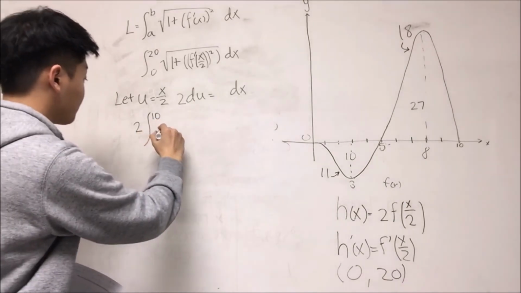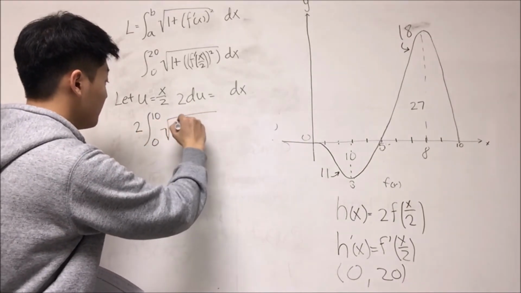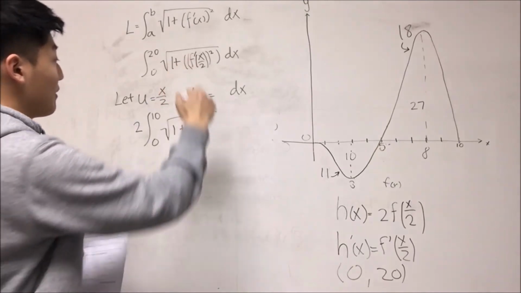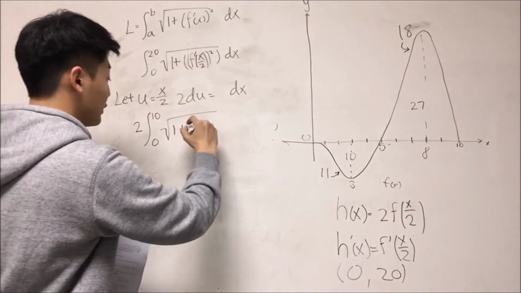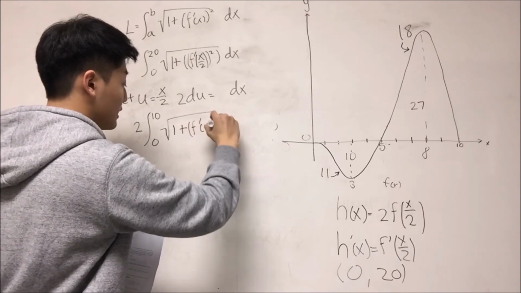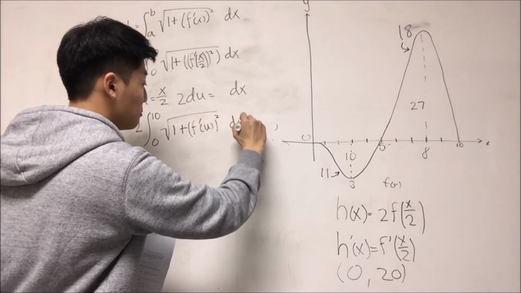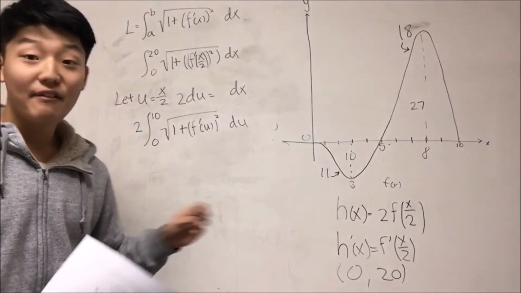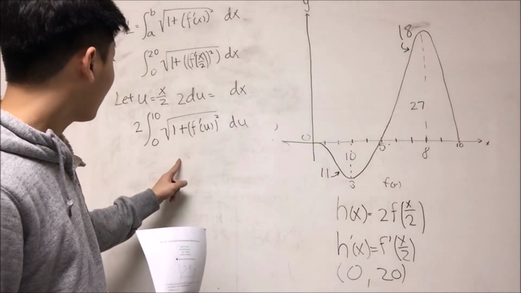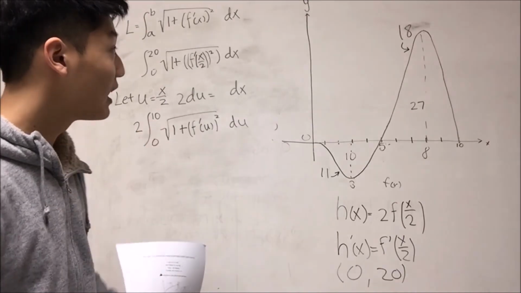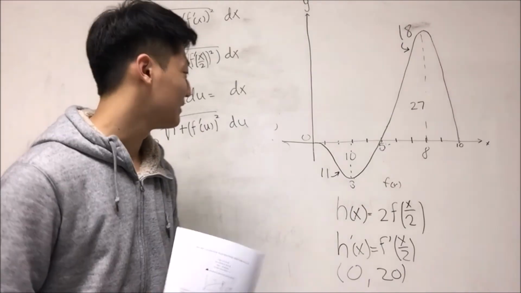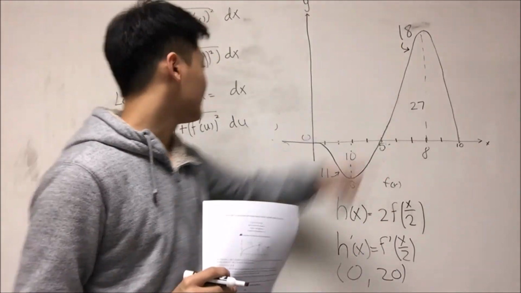And now 1 plus f prime x over 2, and because we switch to u, it will be f prime u, I'll say this, du. And now everything is finished. It says arc length of 0 to 10. What is the arc length of 0 to 10? The answer is given, 11 and 18.